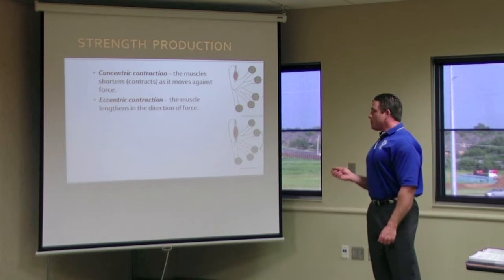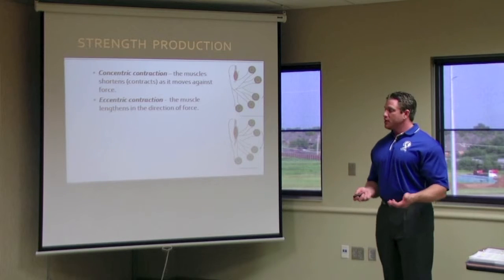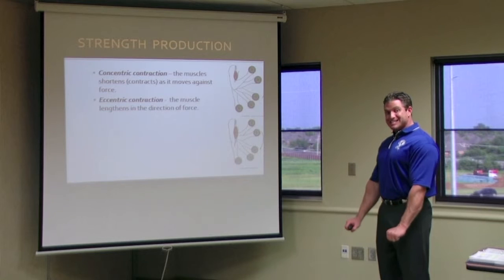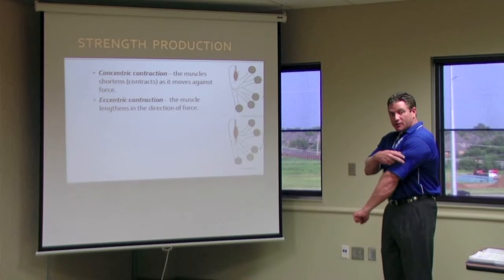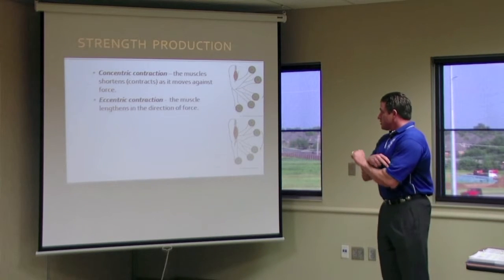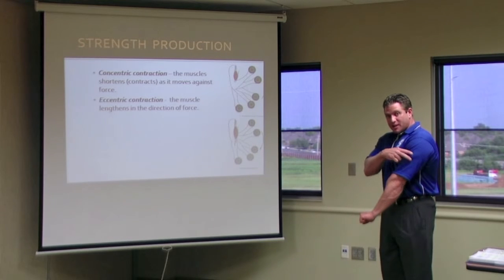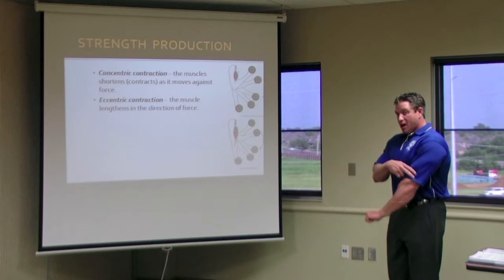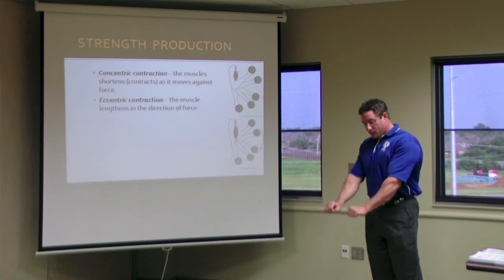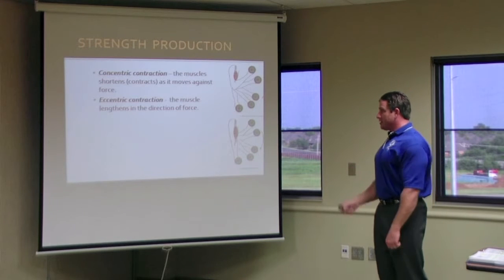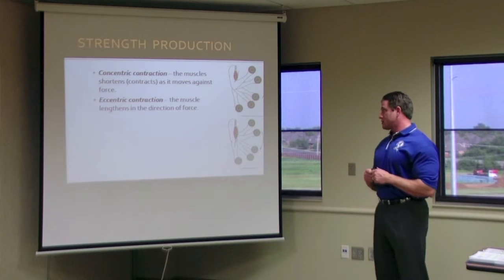Now, the opposite would apply, for example, in a tricep extension. When you're actively extending the elbow, utilizing the back of your arms right here, your triceps, your tricep will shorten as it contracts and it extends the elbow down. So the going down portion on a tricep press down, when you're actively pushing a cable down, is the concentric phase, and returning it back up is the eccentric phase.